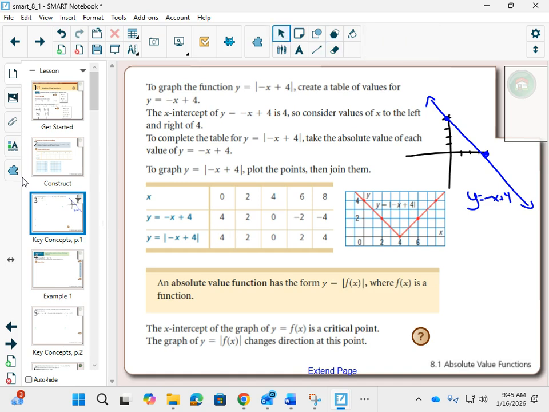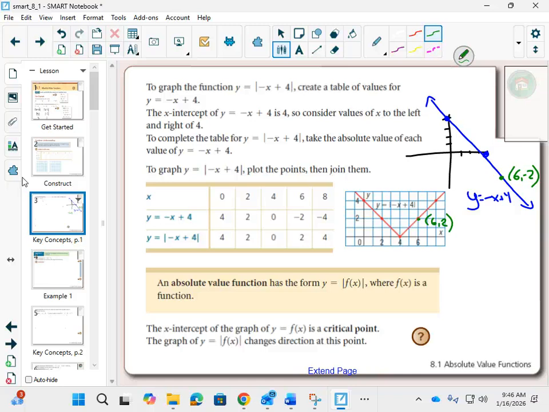If I plug in 2 into this, I'd get 2, and the absolute value would be 2. But this number right here, if I plugged in 6, I get negative 2. But if I plug in 6 into the absolute value one, that negative 2 would become positive.